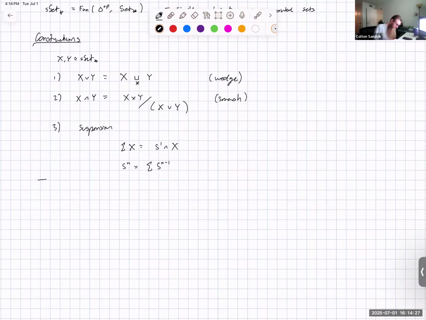Ordinarily your simplicial sets correspond to things like simplicial homology of topological spaces. And so the role of these pointed simplicial sets is to do reduced simplicial homology.